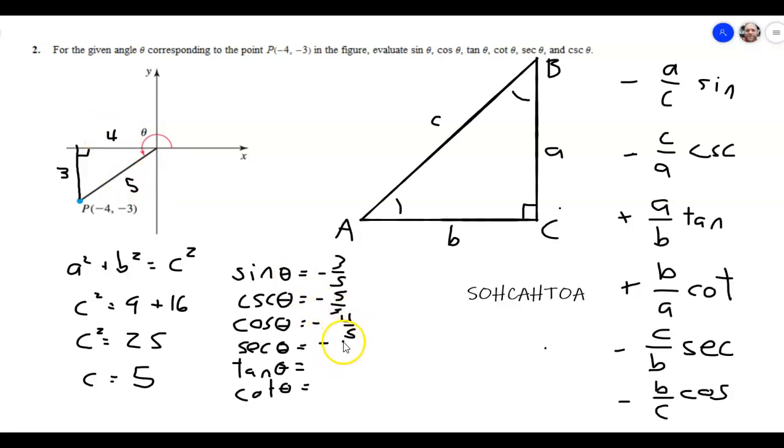The secant is the reciprocal of the cosine, so negative 5 over 4. Tangent is opposite over adjacent, so that would be positive 3 over 4. And the cotangent is just the reciprocal, 4 over 3. And that's all of our answers. I hope it made sense. If you have any questions, let me know, and we'll take a look at one more.